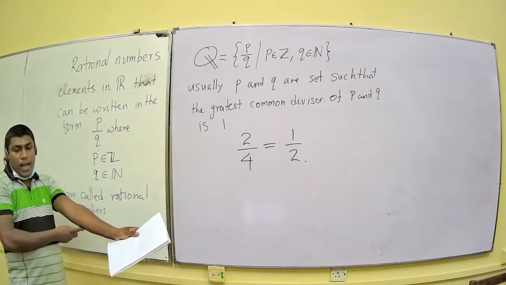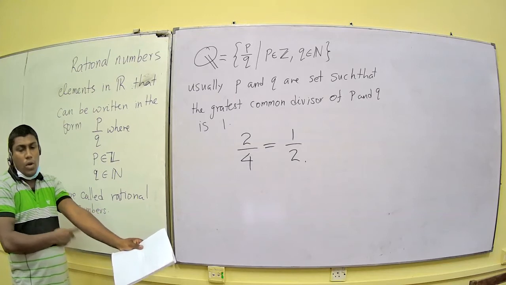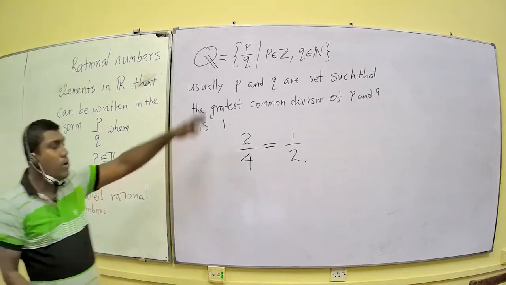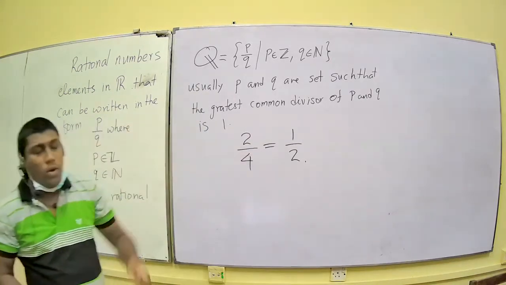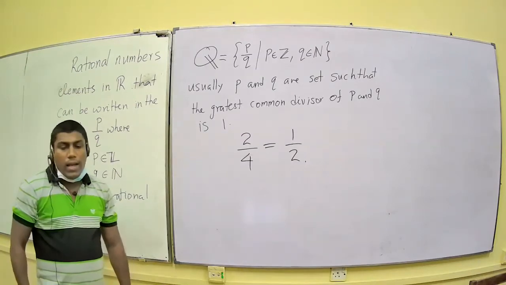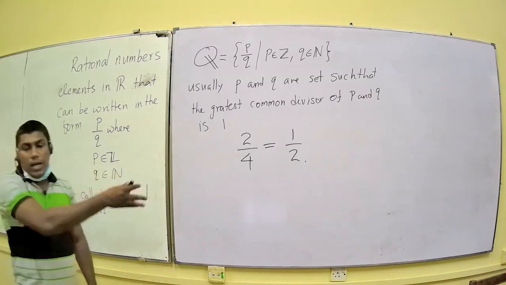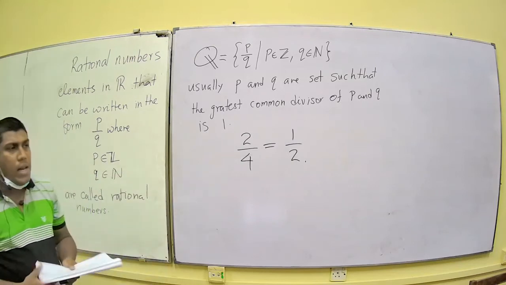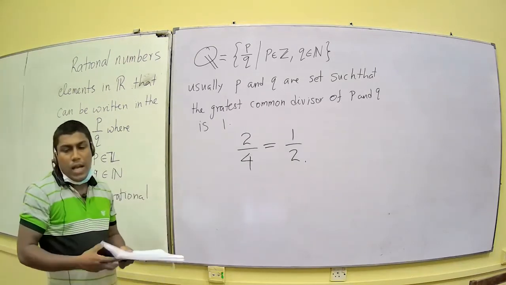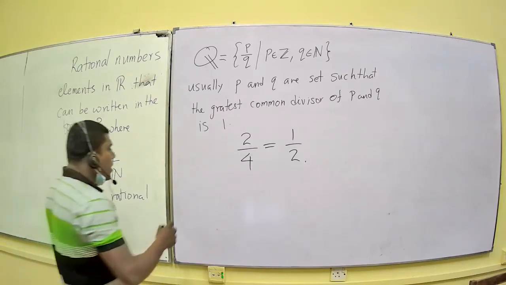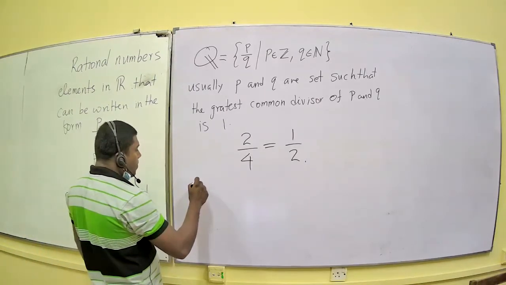Those numbers cannot be written as fractions. So square root of 2, you cannot write that as P upon Q, or square root of 3, you cannot write that as P upon Q. So there are numbers which are not rational. There are still some real numbers which are not rational, so we call them irrational numbers.